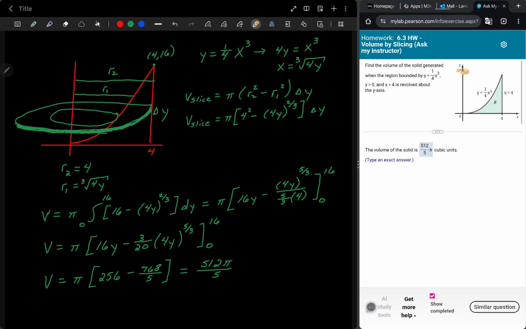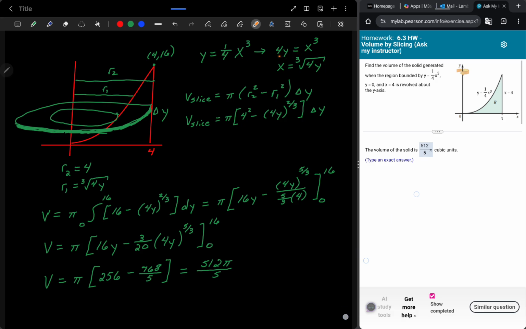And I could say, well, okay, that inside curve is your y equals 1/4 x cubed. Of course, we can't call it that because we need to get our equations all in terms of y. So when I had to solve for x, I multiplied by 4 on each side.